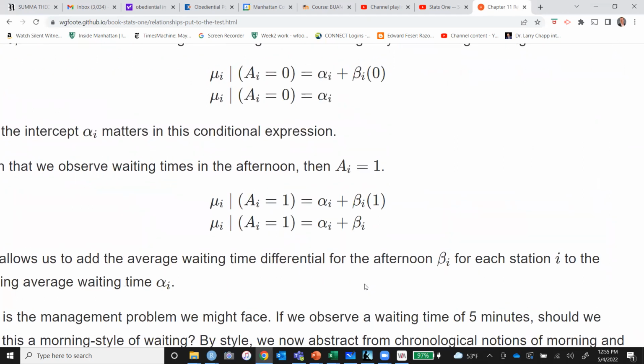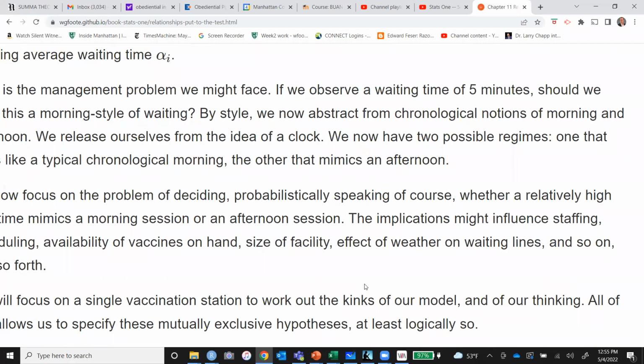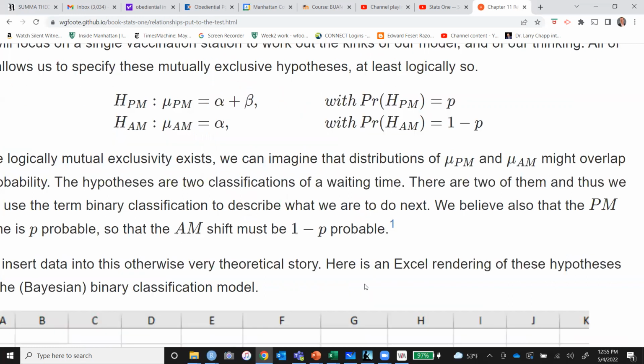And mu given A equals 0 is alpha. Mu given A equals 1, alpha plus beta. Very, very useful example. Do check it out. And one of them will occur with a probability and the other occur with the other probability. The ratio of those probabilities are the odds. The log ratio is actually called the information, but we won't go into that here.